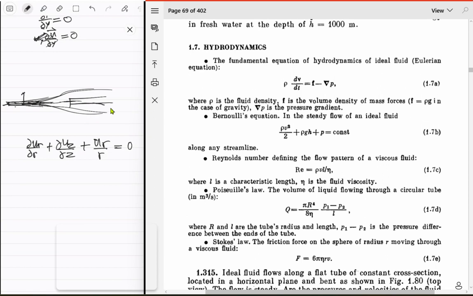What else do we know? Without viscosity, we can't solve this. That's the problem. I was thinking maybe there's some way that I can just link u_z and p without involving viscosity, but that doesn't look like it's going to happen. So how do we do it? Partial u_r upon partial r might be something.